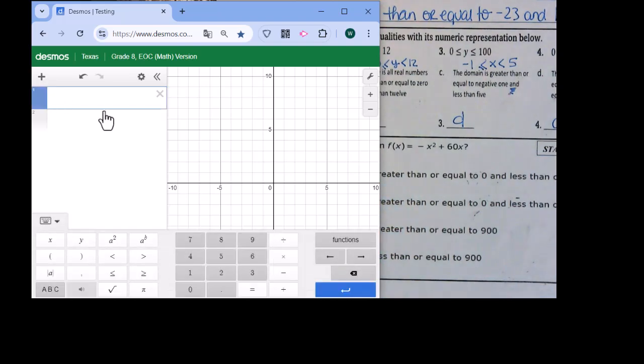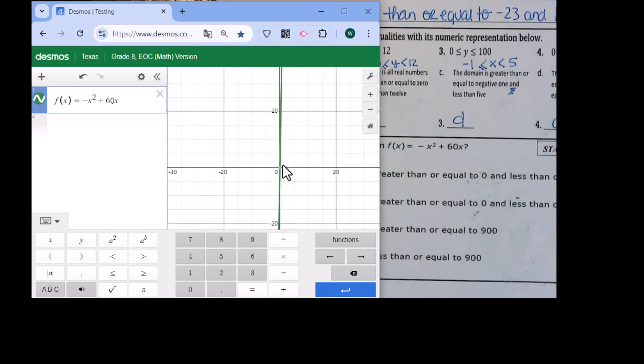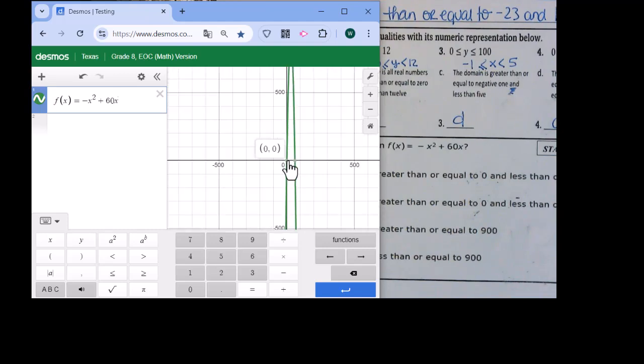So basically what I would do in a problem like this is, here's my function, I would write on the computer f of x equals, just copy it as it is, minus x squared plus 60x. If you notice, that's exactly what I wrote. Now I see a line there, so let me zoom out to get a better picture of the graph.